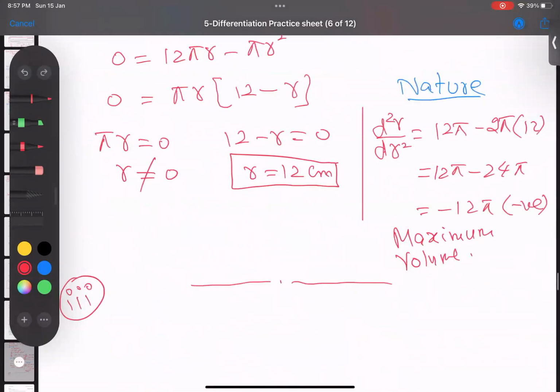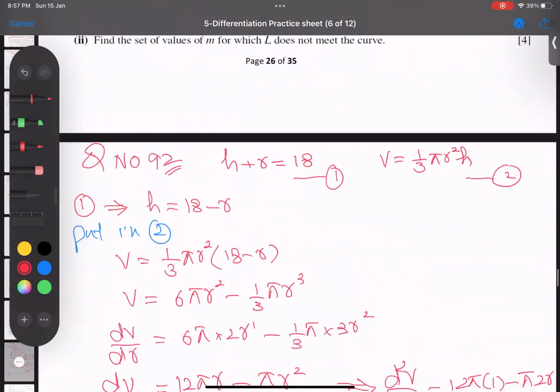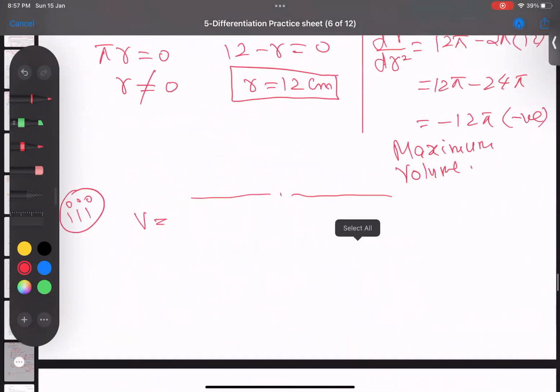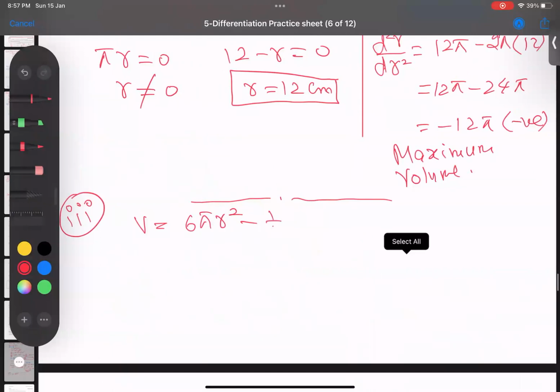So 6 pi r squared. Sorry, not 6. Let me check. Yeah, 6 pi r squared. All right. And 1 by 3 pi r cube. Okay, I will replace this 12 value in the whole equation, and that is giving me the maximum volume.